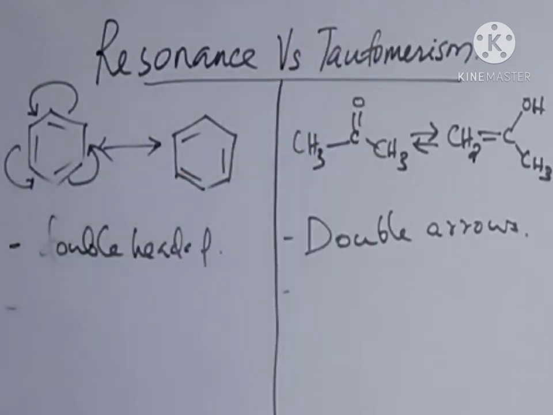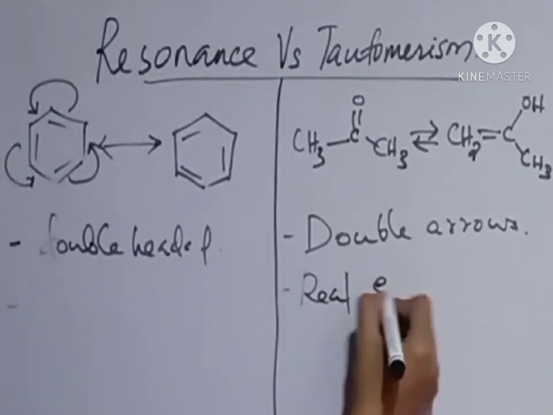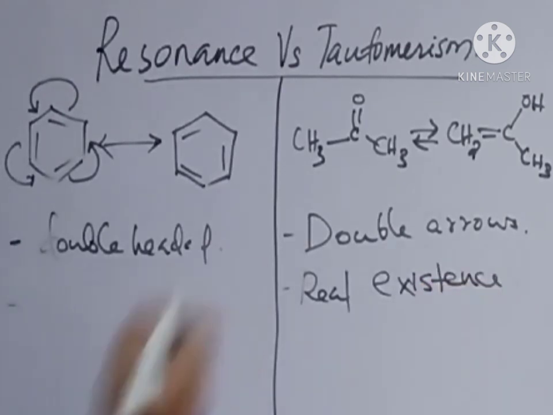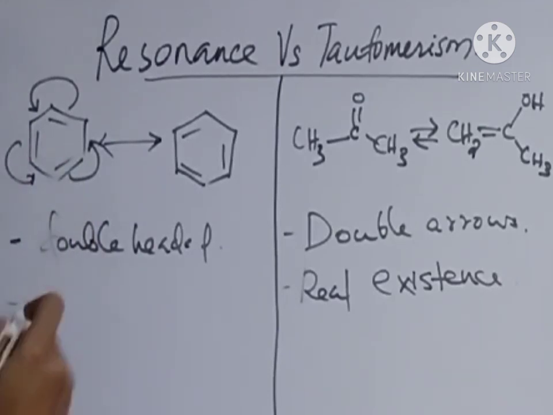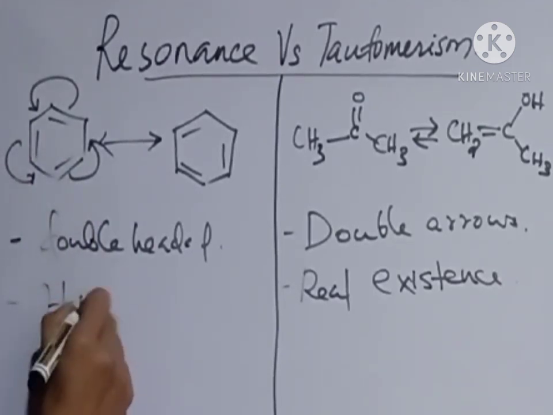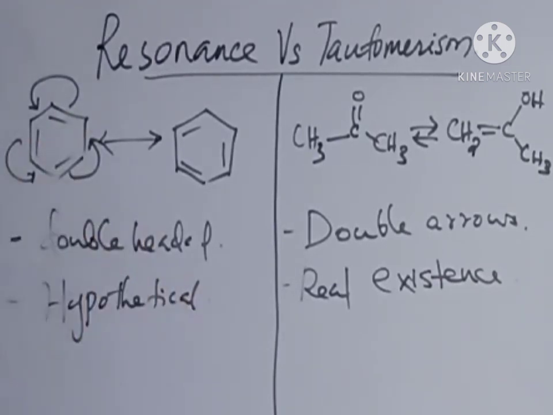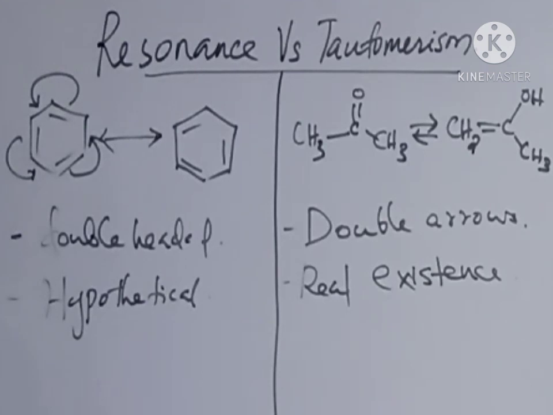The tautomers really exist; their existence is real. But resonance structures are just hypothetical structures. We use resonance structures to identify the correct structure. We know none of the resonance structures are real.